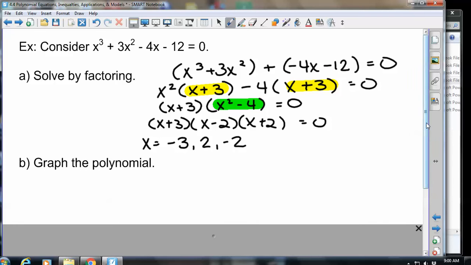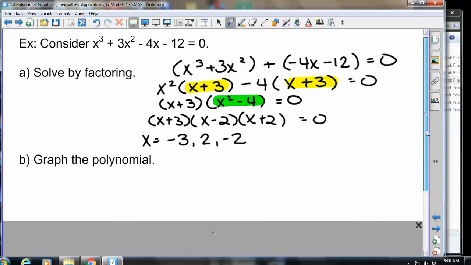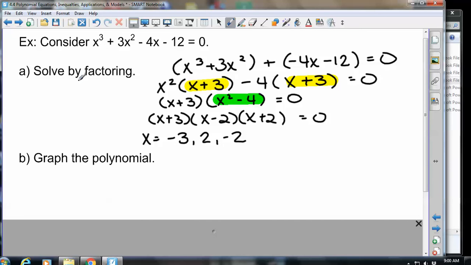Alright, let's graph this. So bringing back some of the old stuff. This is degree 3. What's my end behavior going to be? Down, up. Good. I found my zeros are the numbers we just found, right? My negative 3, my negative 2, and 2. None of those have a multiplicity of 2, so is my graph going to bounce or go through on all of those?